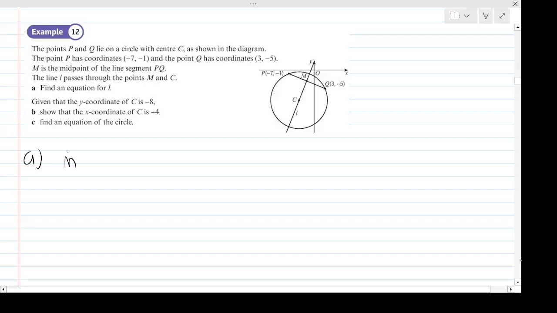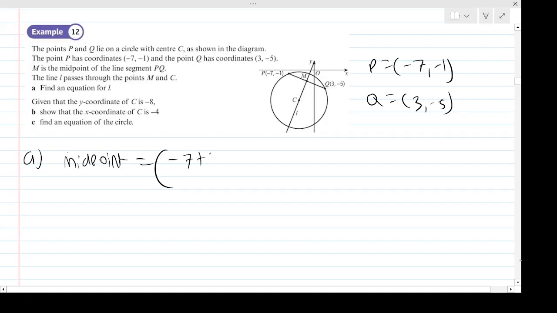Well, the midpoint between P, which is -7, -1, and Q, which was here, which is 3, -5. We work that out by adding the x coordinates first, so -7 add 3, all over 2, as there's 2 points.